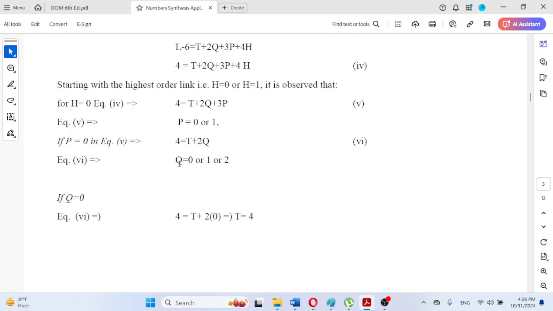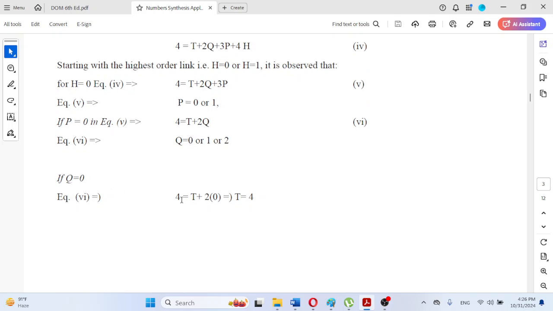So in this way we can observe that Q is equal to 0 or 1, 2. Starting with Q equal to 0, in this equation number 6 we observe that T plus 0 is equal to 4, so T is equal to 4.